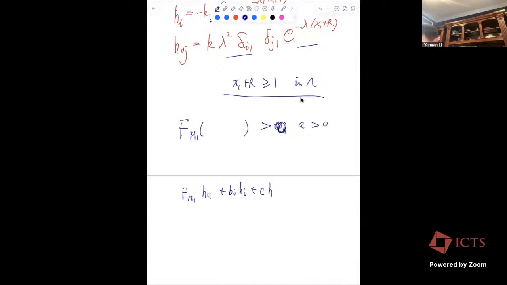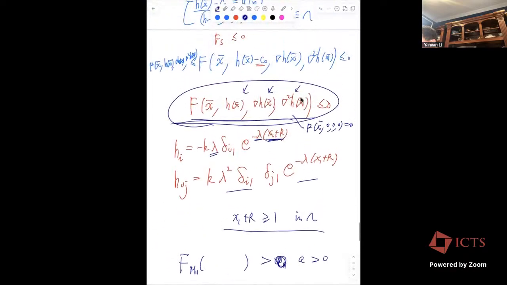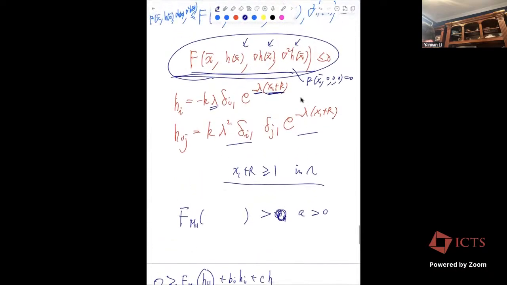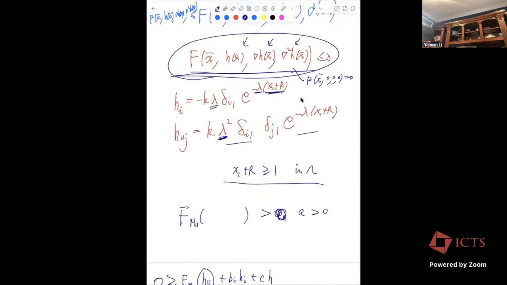So you will see that 0 is greater or equal than that, because 0 is greater or equal than this. You put it in H11, you will carry a lambda square.